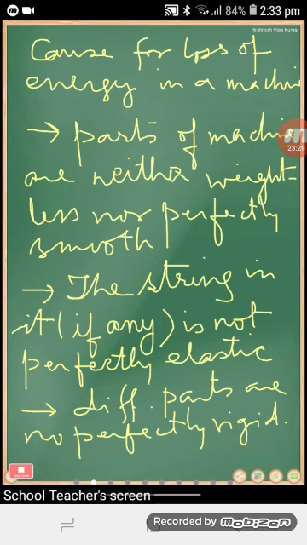The major change in energy which takes place is in the form of heat and sound energy. So these are the basic causes for a machine not to act as an ideal machine, and therefore the machine which you are using is an actual or practical machine.